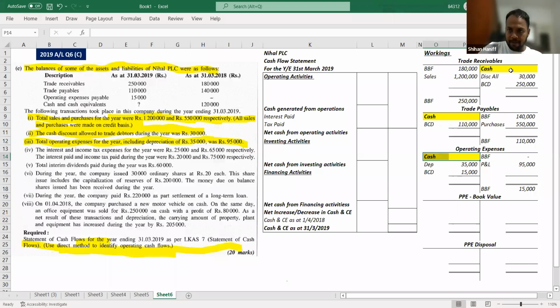Let's find out the balances. Cash. 1.1 million is the trade receivable balance. That means the cash received from debtors.